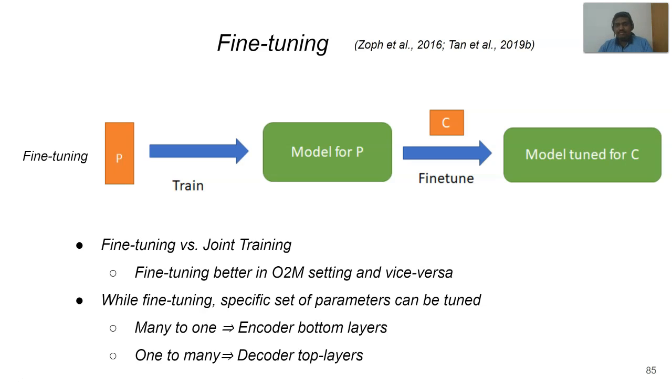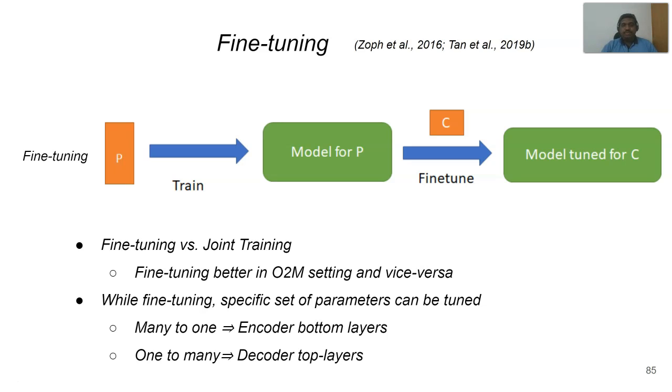This process is called fine tuning. At the end of this, we have a model that is tuned for the child language pair C. If you compare fine tuning versus joint training, fine tuning seems to be better according to some studies for the one-to-many direction, and in the other direction, that is many-to-one, joint training seems to be better.